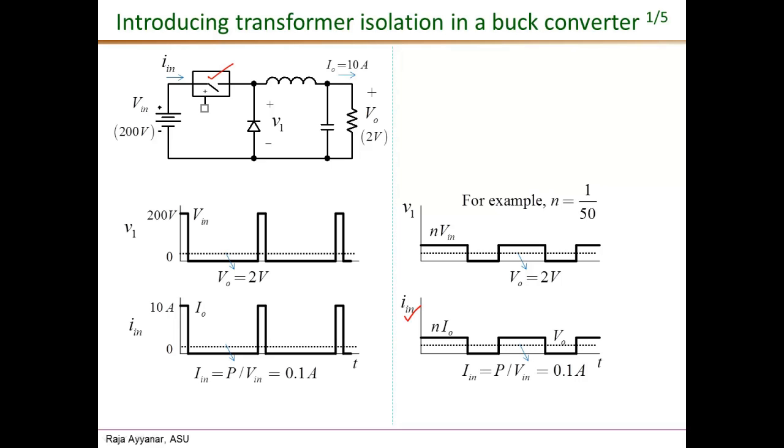by introducing the transformer. Now the question is, what should be the correct topology, the correct circuit configuration that introduces this transformer, but also does not violate any of the requirements of isolated converters, namely the flux continuity and the volt-second balance.